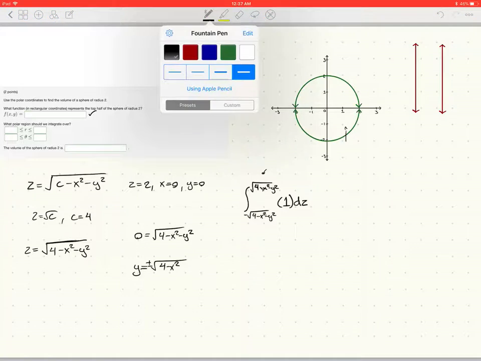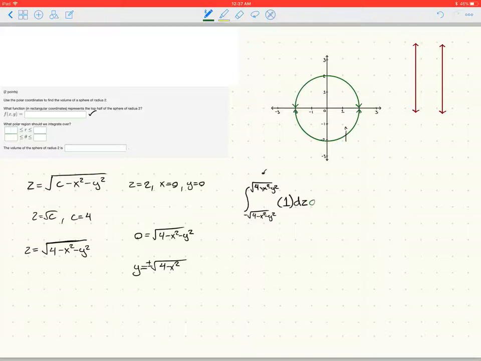And since this is the bottom, we go from the bottom to the top. It's going to be dy, integrating from negative square root of 4 minus x squared to positive square root of 4 minus x squared.